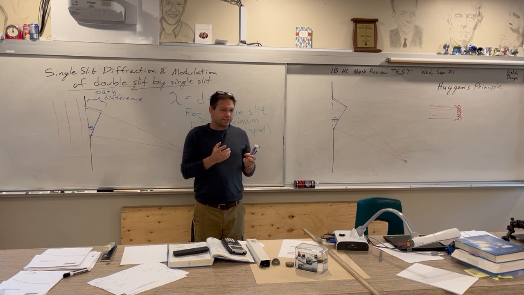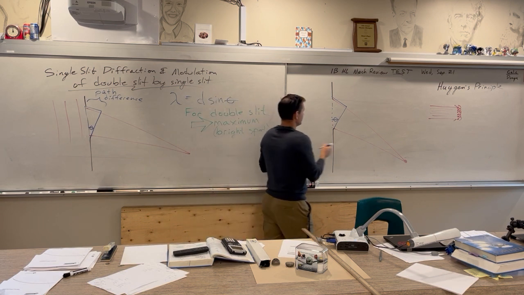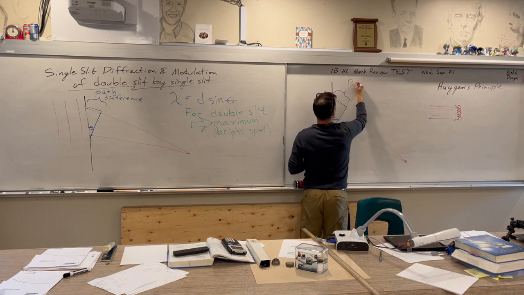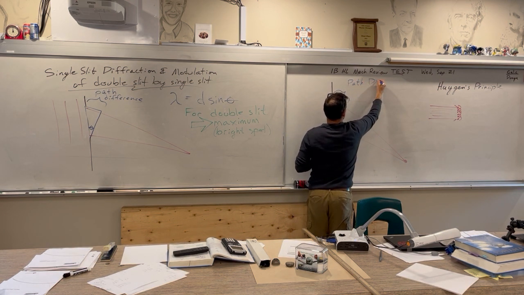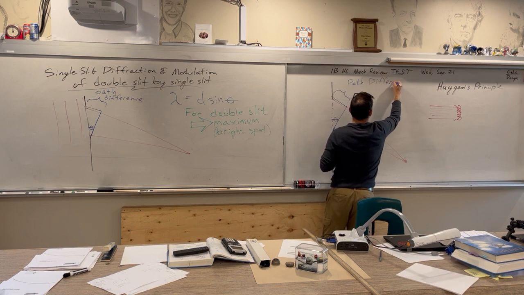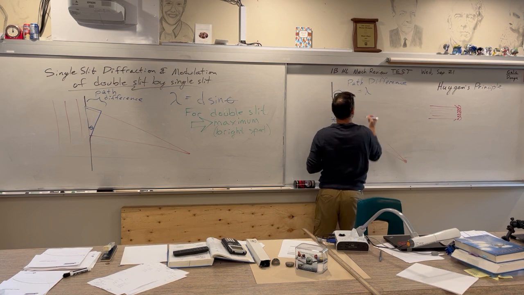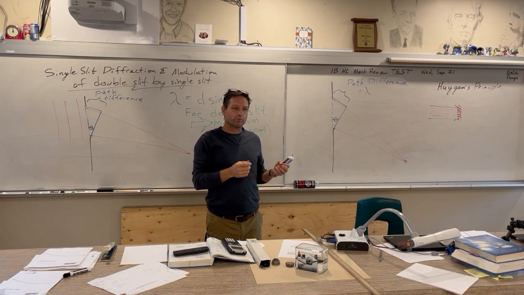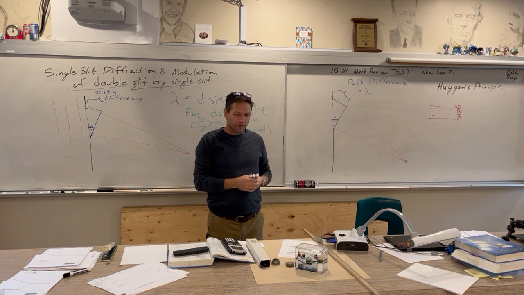We're going to get a different result if this path difference equals lambda. We don't get a bright spot, we get a dark spot.